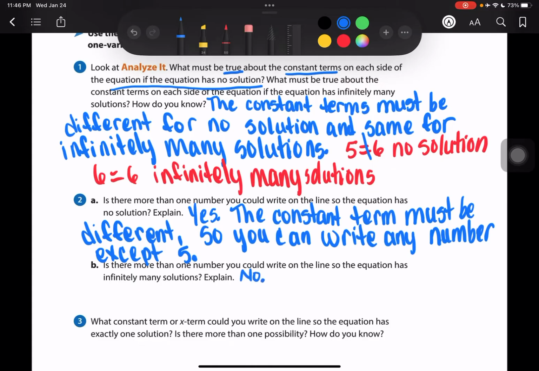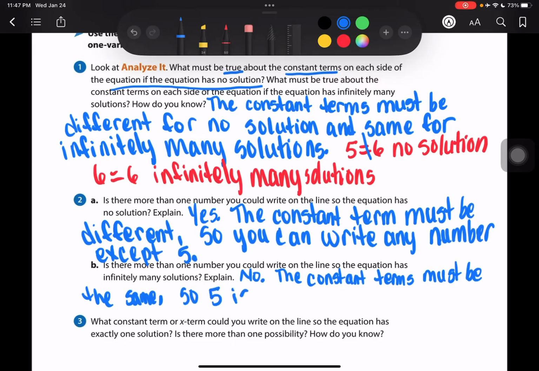The answer is no. The constant terms must be the same. So 5 is the only answer.